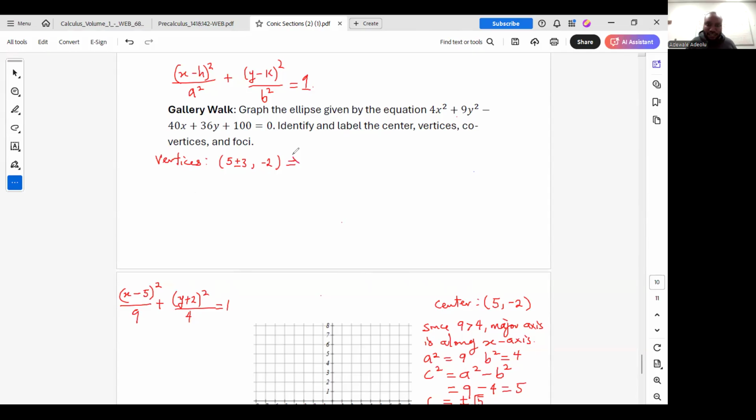That implies that our vertices will be 8, comma negative 2, and 5 minus 3, which is 2, comma negative 2. So that would be our vertices.